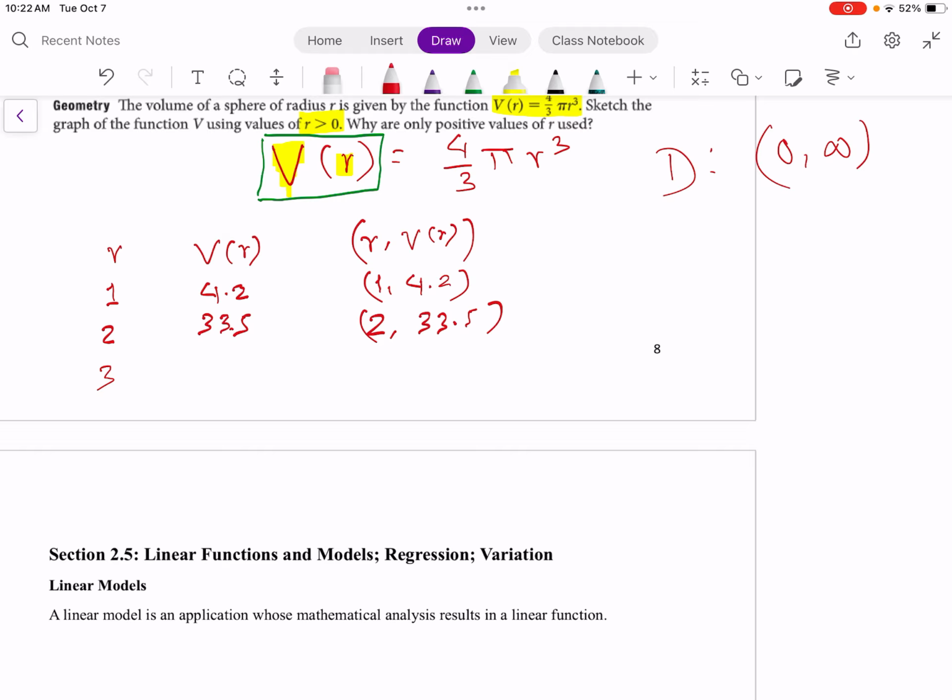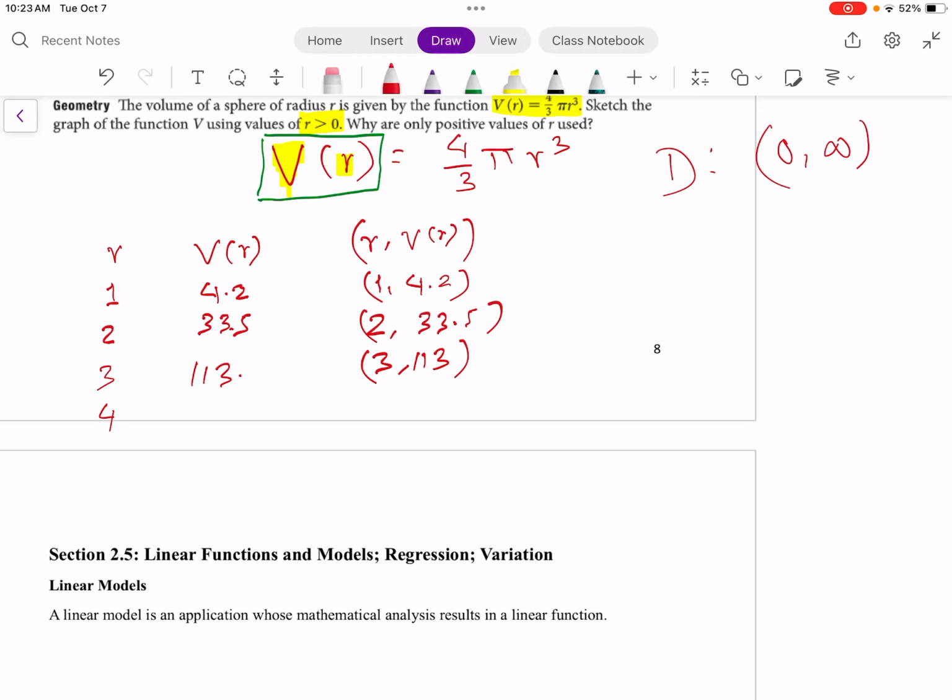What will be the volume? You replace r by 3. 113.04. Okay, this is 113. So that's for 3.